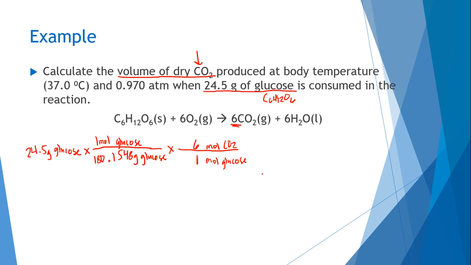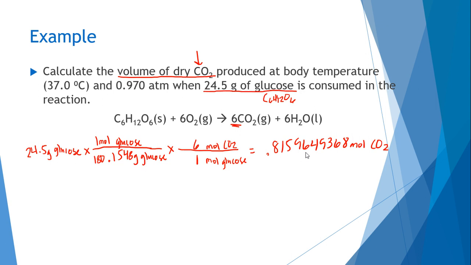Now, a lot of people will make the mistake and they'll keep going until they get to grams, but we're going to be using the ideal gas law next. And so we actually want to stay in moles, and so we'll end up with 0.815964938 moles of CO2. Again, labels are super important so we know where we stand.